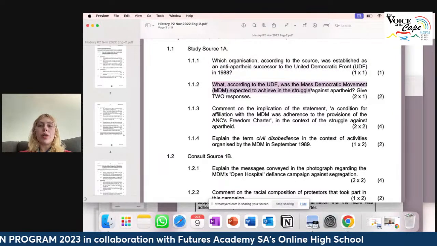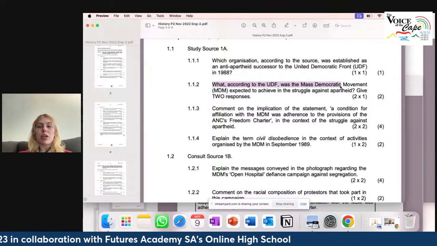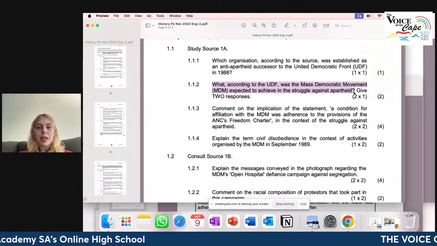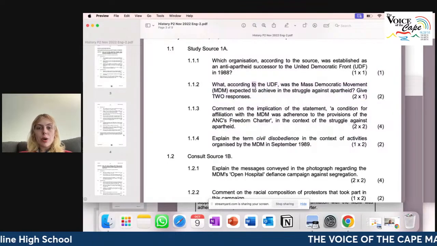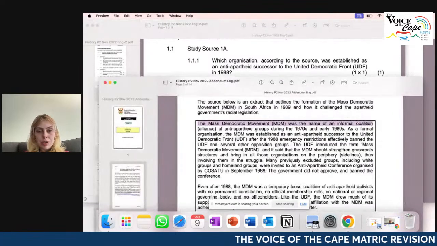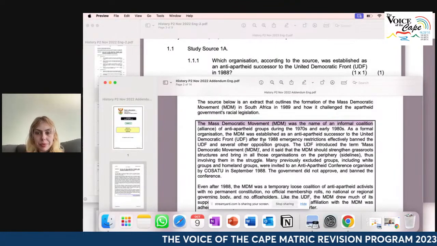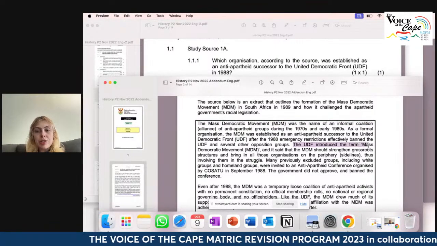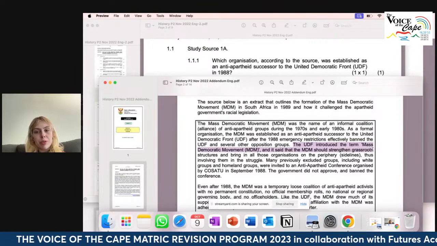What, according to the UDF, was the Mass Democratic Movement expected to achieve in the struggle against apartheid? Give 2 responses. So according to the UDF, in the source, the UDF introduced the term Mass Democratic Movement.